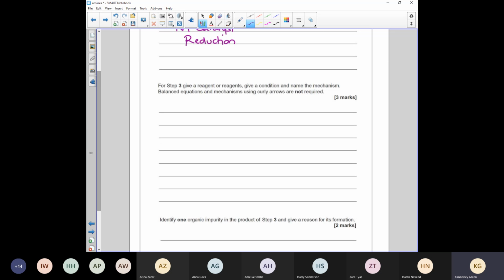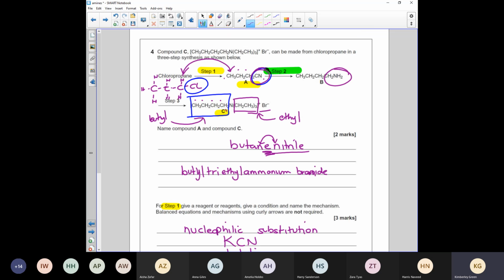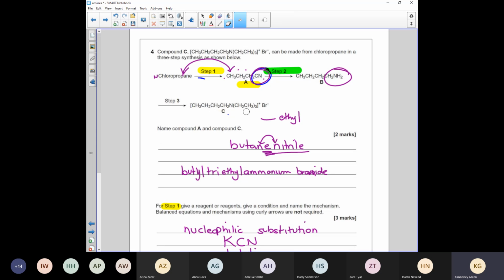Balanced equation and curly arrows not required. So step 3, what's happening? Let me get rid of all this scribbling so we can see what's happening. Right, so we've got this big scary molecule.